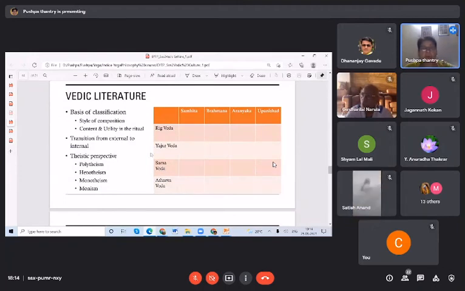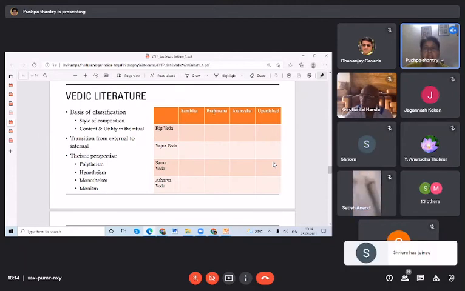This also is very important, and this is there again in the textbook a little more detail than what I'm going to say now. Of course, the 4 Vedas are there: Rig Veda, Yajur Veda, Samaveda, Atharva Veda, and Rig Veda is the largest one. And within Vedas, you have Samhita, Brahmana, Aranyaka, and Upanishad.